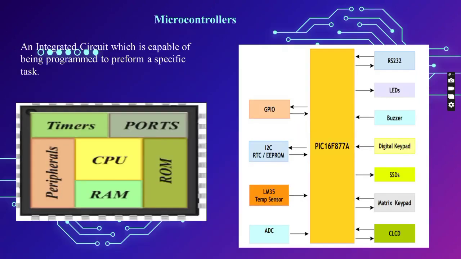An integrated circuit which is capable of being programmed to perform a specific task is the microcontroller. The microcontroller has many segments. We have the timers, the ports, the ROM, the CPU, the RAM, and the peripherals.